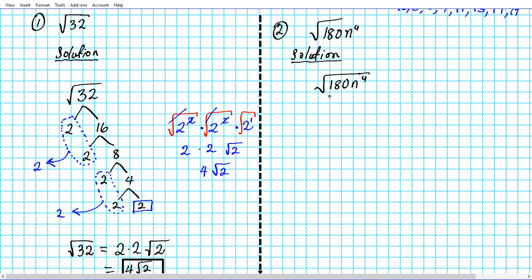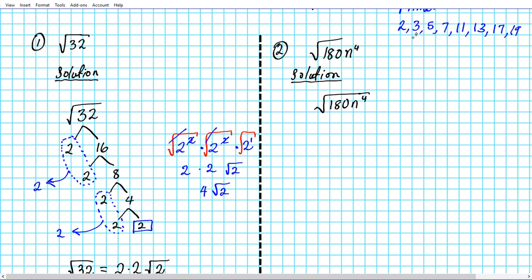Okay, so let's see, 180 is even. We have our prime list here, so we can start from 2. 180 is even, so 2 goes into 180 how many times? 90 times. This is even also. 2 goes into 90 45 times.